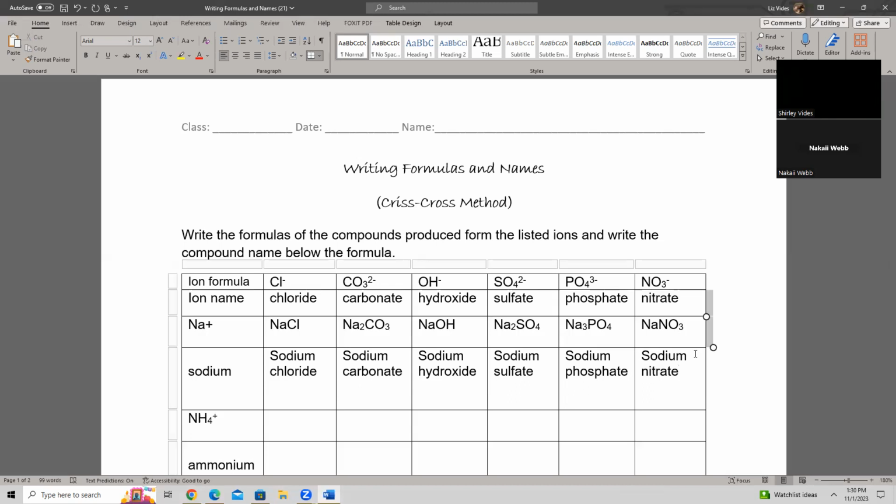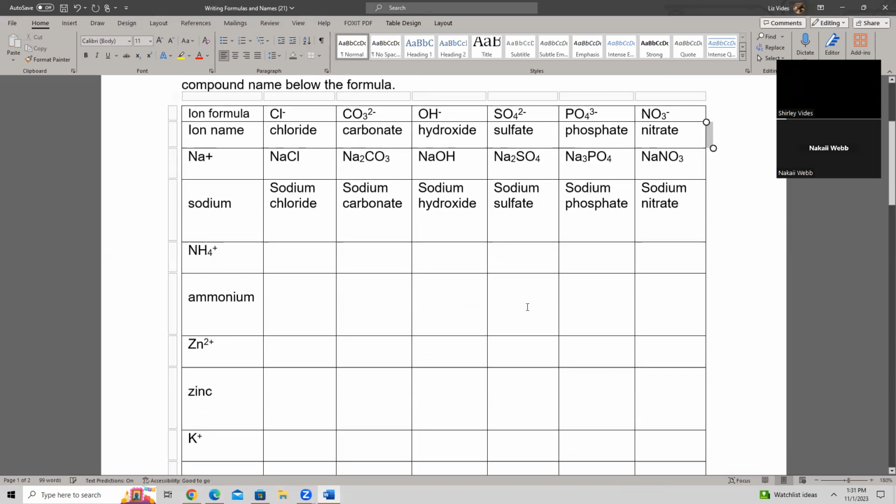Okay, there's a polyatomic ion, and this is the only polyatomic ion that is what is known as a positive ion or a cation, right? All the polyatomic ions are going to be negative. If you notice, all of these on the top over here, all of these are negative. -2, -1, -2, -3, -1.